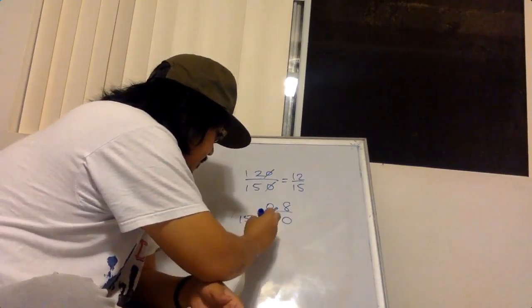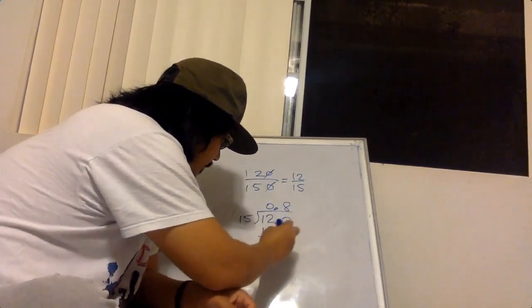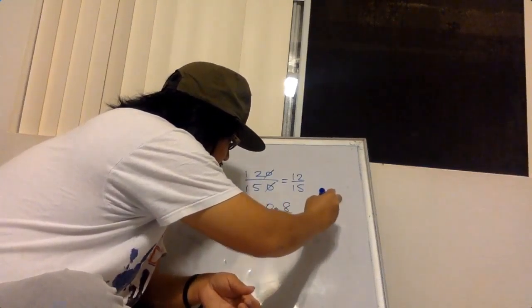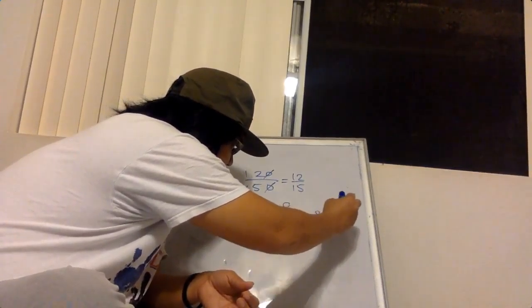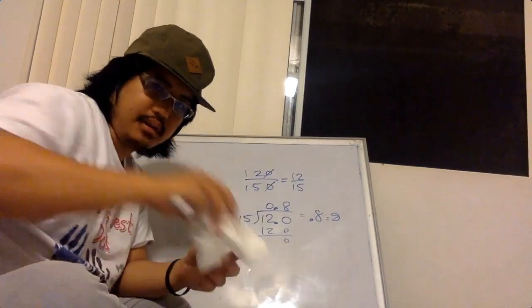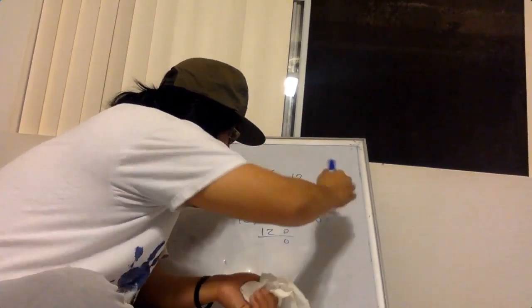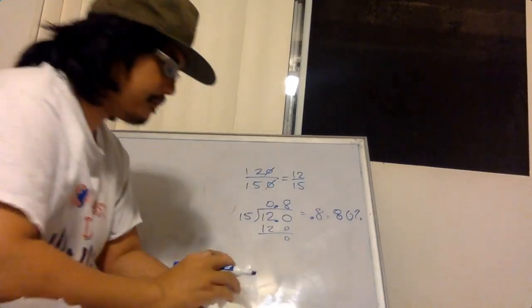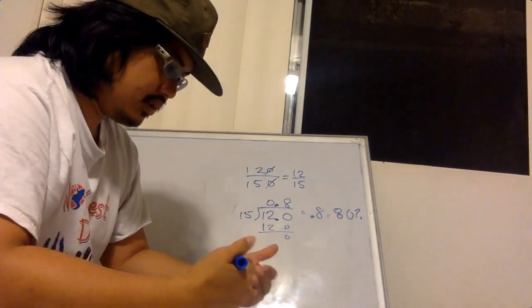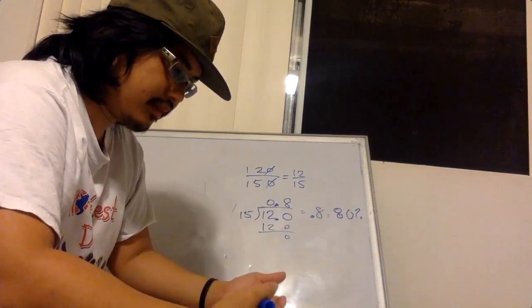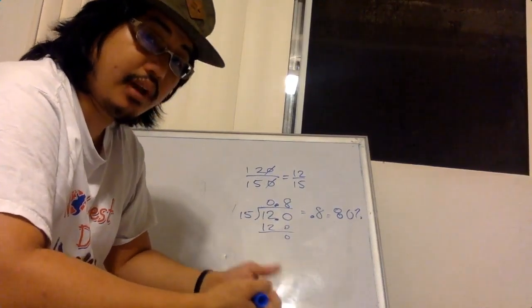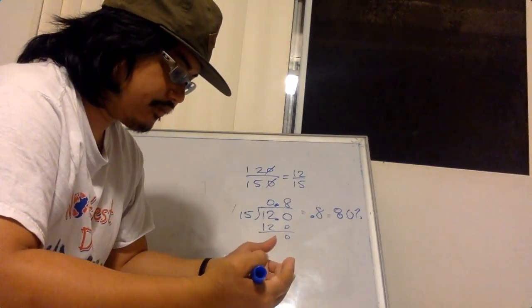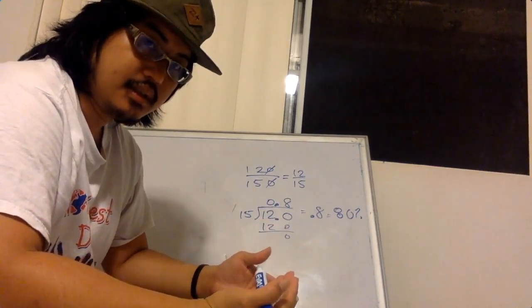So that's perfect. Zeroed it out. So my answer is 0.8 or 80%. Oh, that's horribly written. Sorry. 80%. Now, this vacuum cleaner sold for 80% of the original price.